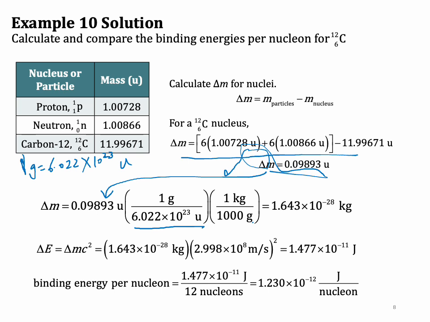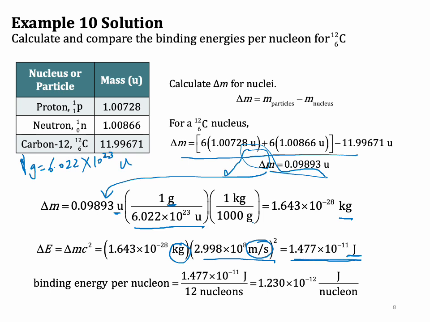We use this formula to convert U into grams, and then we convert grams into kgs using 1 kg is 1000 grams. So from here we'll find kg, then you multiply it with C squared, which will give you your energy in joules. Don't worry about these units. As long as this is kg and this is meter per second squared, your final answer you can assume is joules, because one of these is same as joules.